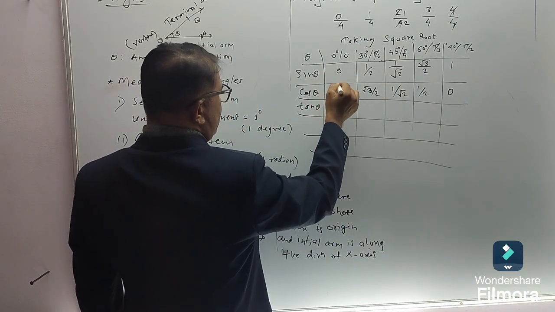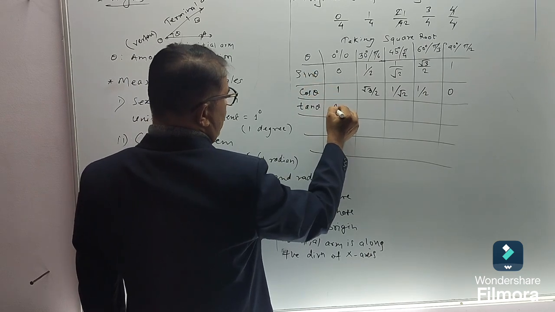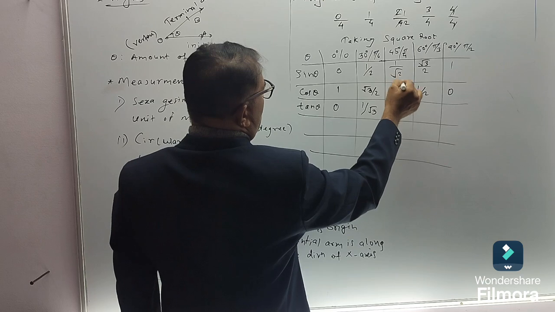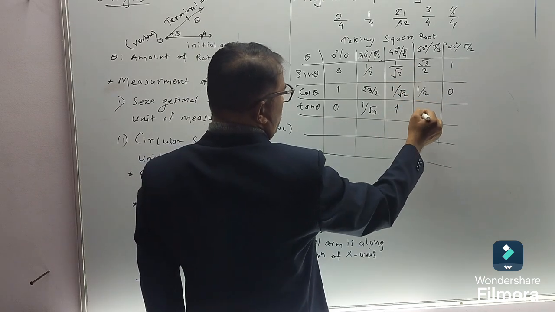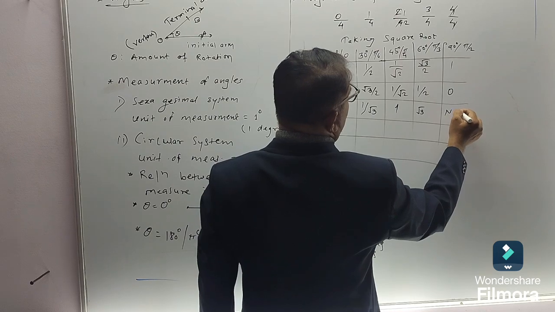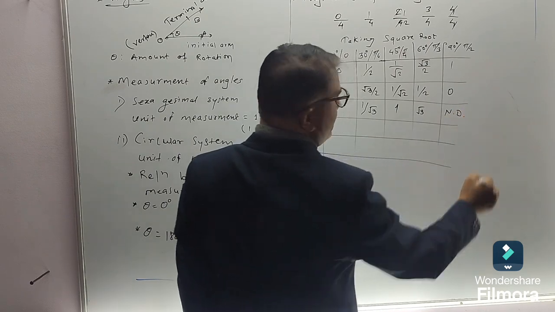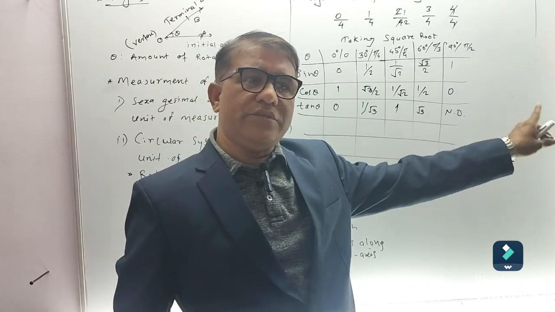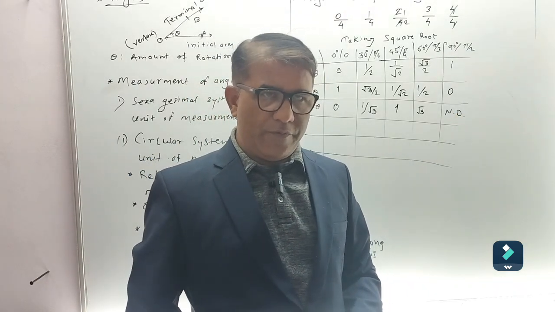Tan theta is sin upon cos: 0 upon 1, 1 by 2 by root 3 by 2 is 1 by root 3, 1 by root 2 by 1 by root 2 is 1, root 3, and 1 upon 0. 1 upon 0 is not defined, because the denominator is 0.